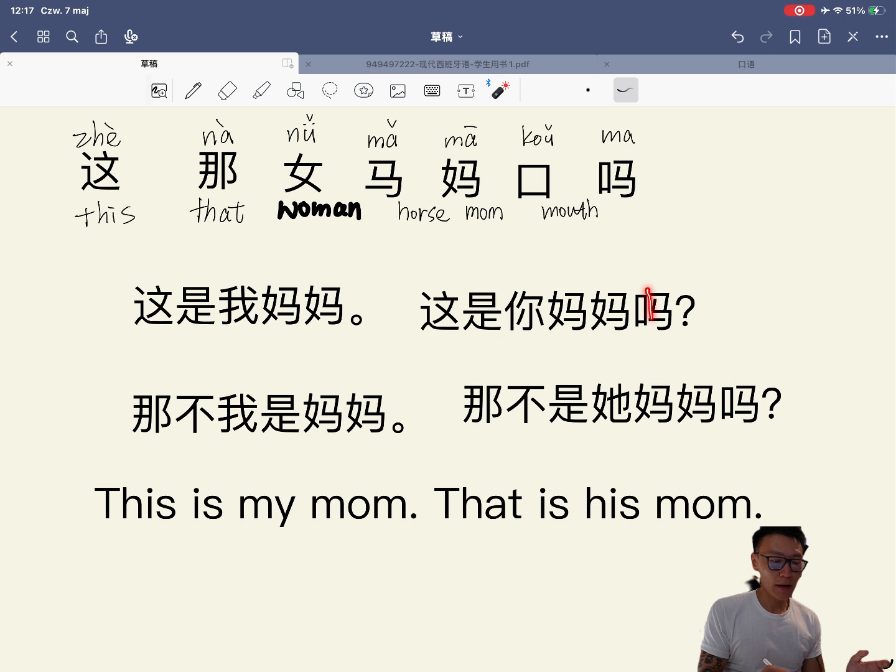If we add this part, which is kou, which is mouth, then we have the question ma. To help you make an association, why we add kou here to get the question ma: maybe kou is something that we have to use when we ask questions. Then you have this kind of connection. I mean, the meanings somehow make sense.